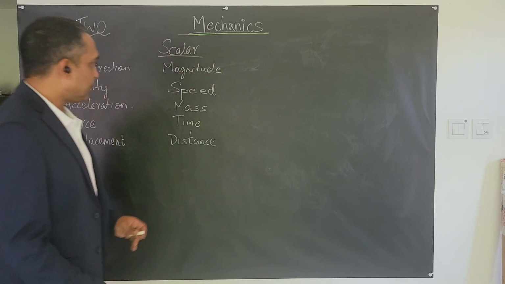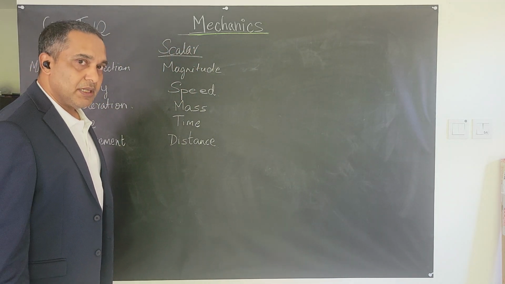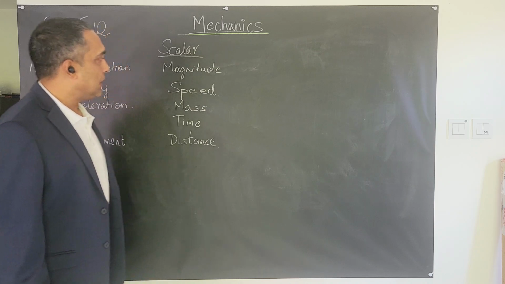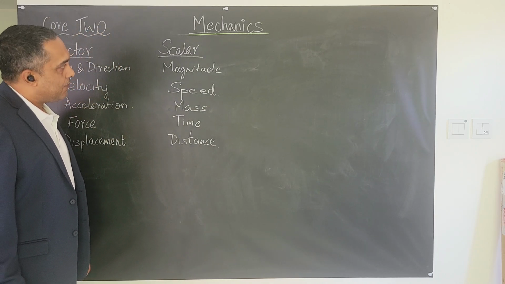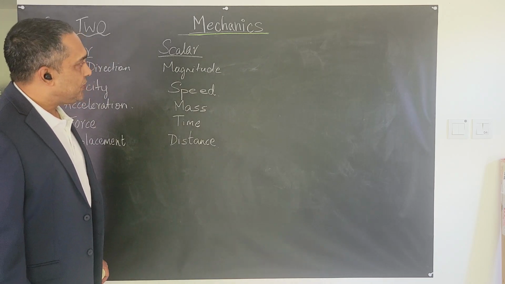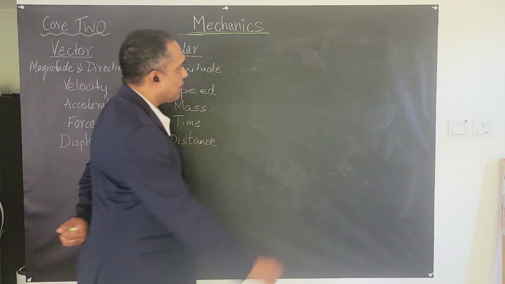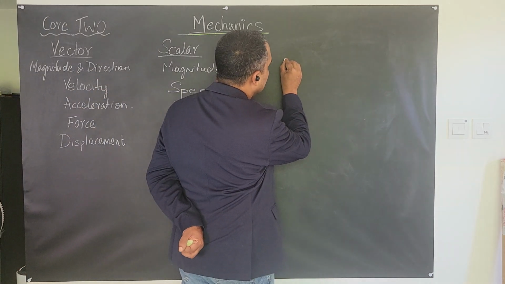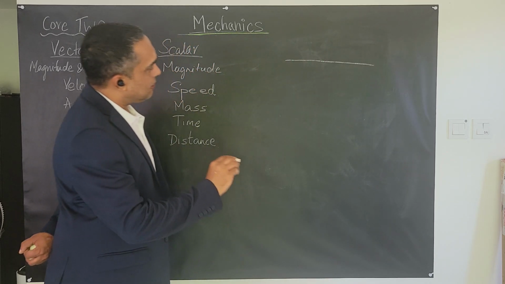Okay, what else do we want to do with vectors? Here's another part that I think you should remember about vectors. Because they have direction, maybe this is also the time when we up the ante a little bit. So far, everything we've done is in one line.